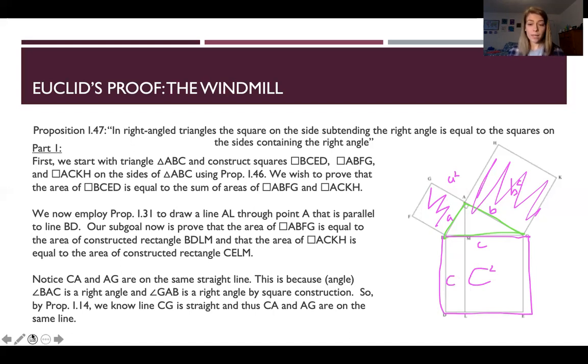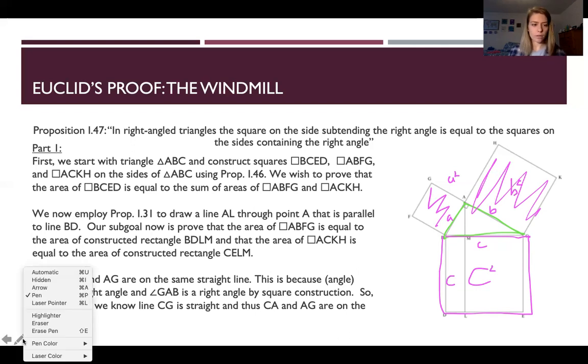So what he does is start off with a right triangle, right? We start with the triangle ABC and then construct those squares on the sides of the triangle using proposition 46, which I'm not going to state what each proposition says, but if you don't believe me, you can go and read the proposition for yourself since they're in the slides or in the video here.